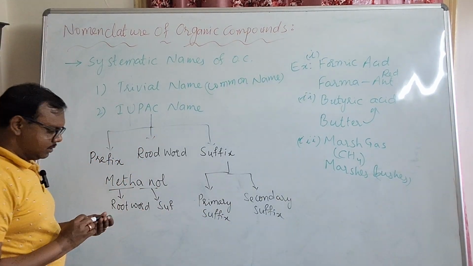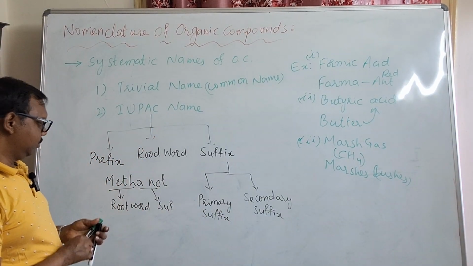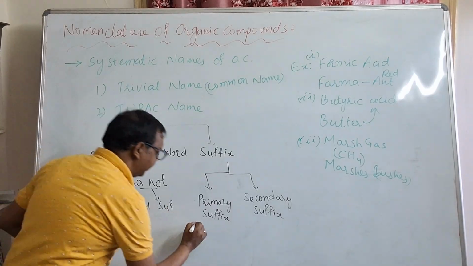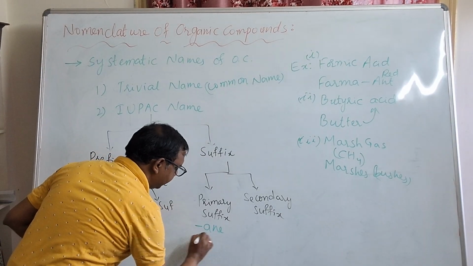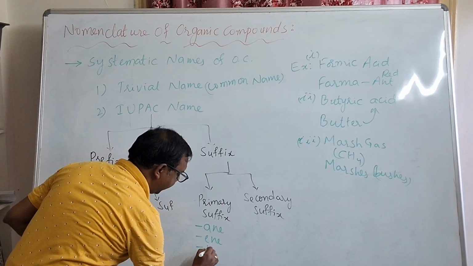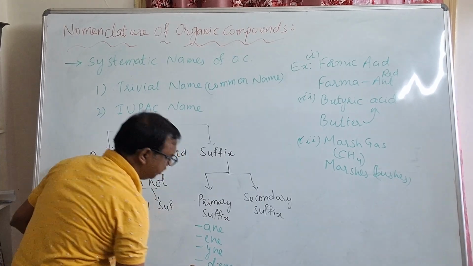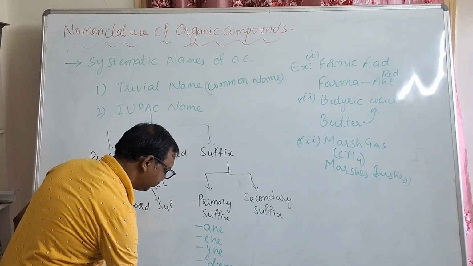Primary suffixes are of three types. What are those? Here: ane, ene, yne, diene, triene, and so on.